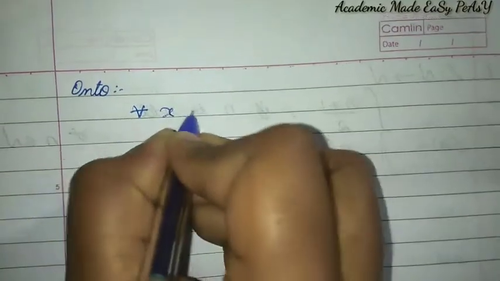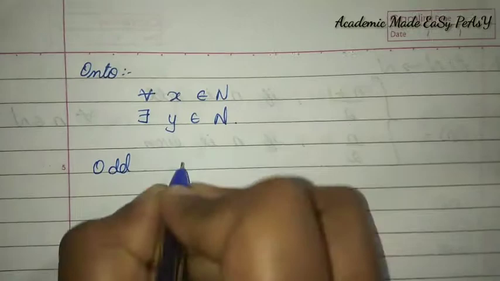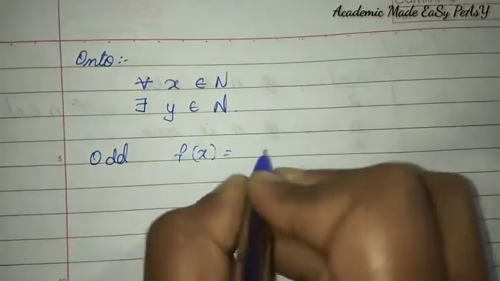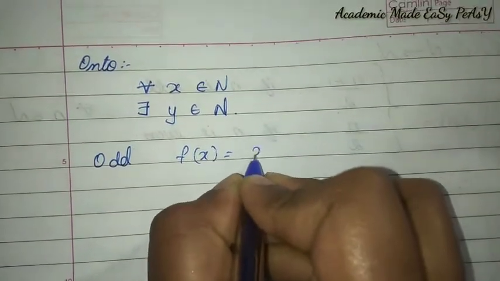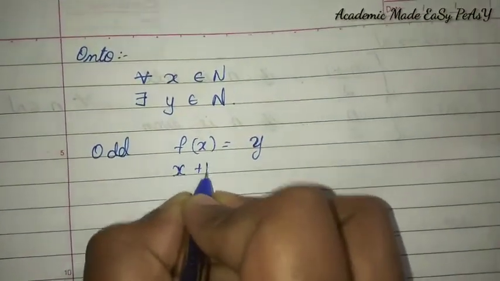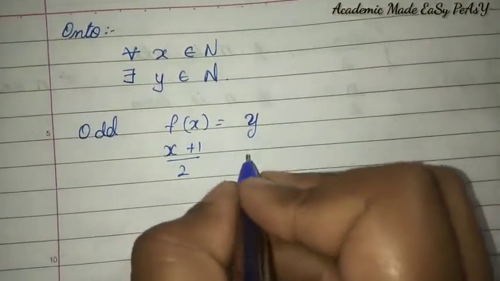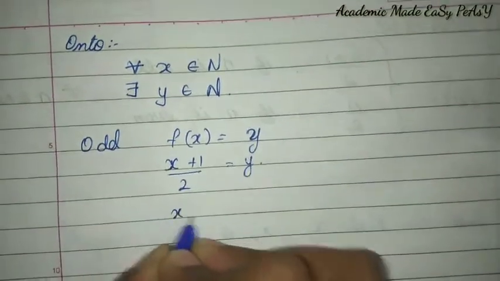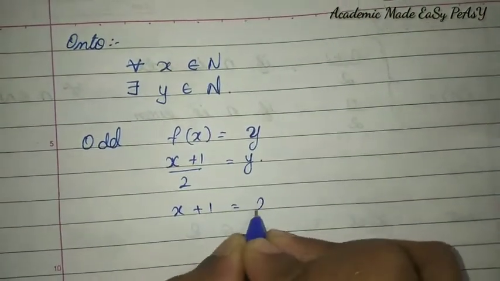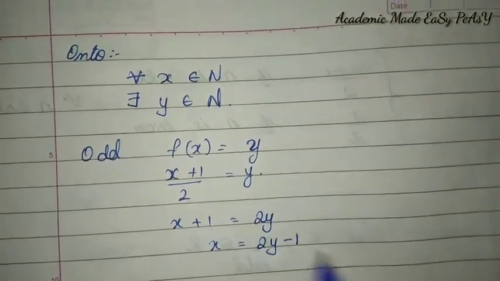Now for onto. For every y belonging to N, there exists x belonging to N. So now for odd, let's take f of x is equal to y. So f of x is (x plus 1) by 2. I wrote f of x, so I'm replacing n by x. So (x plus 1) by 2 is equal to y. x plus 1 is equal to 2y. x is equal to 2y minus 1.